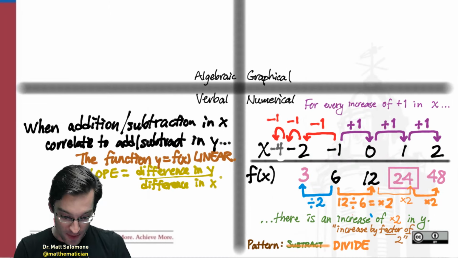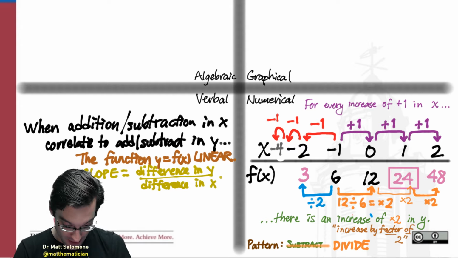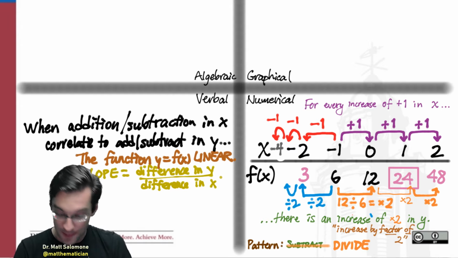So here I have to divide by 2 twice in succession to take 2 steps back. Divide by 2 once, I'm going to get 3 divided by 2, which is 1.5. And I divide by 2 once again. 1.5 divided by 2 is going to give me 0.75, or 3/4. And I'll fill in that data point.